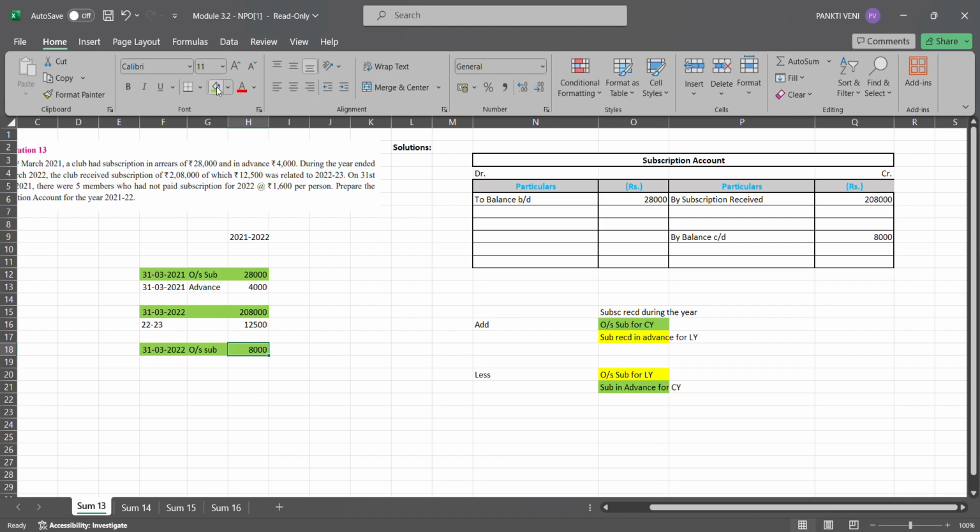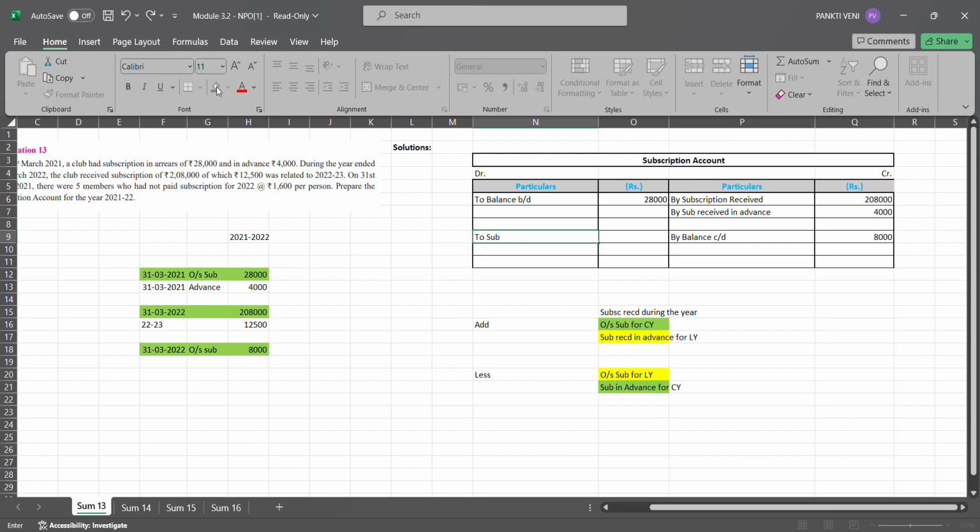Now I'll go for advance. So advance will be on the credit side. That is, advance income is my liability, so I'll show it on the credit side. Subscription received in advance: 12,500 is my closing and 4,000 is my opening.